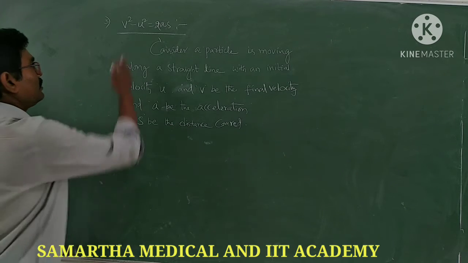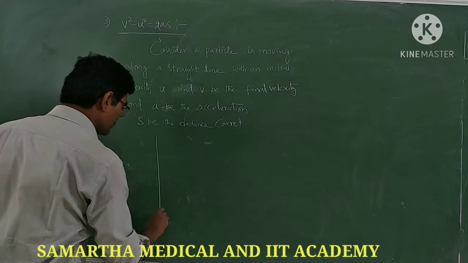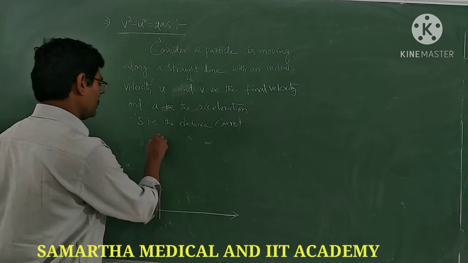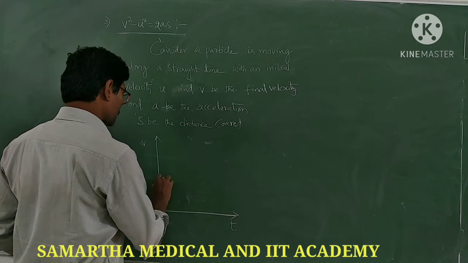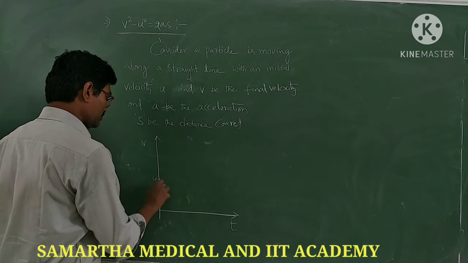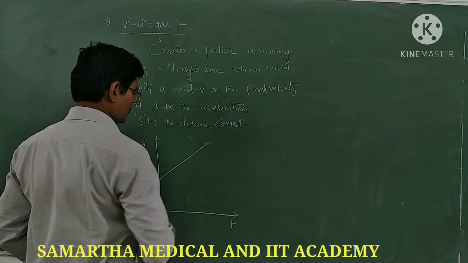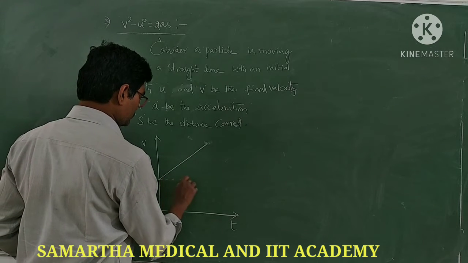Now see here how to do this derivation. First we are going to consider the same v-t graph. The particle starts with some initial velocity u, and after that it increases linearly like this.